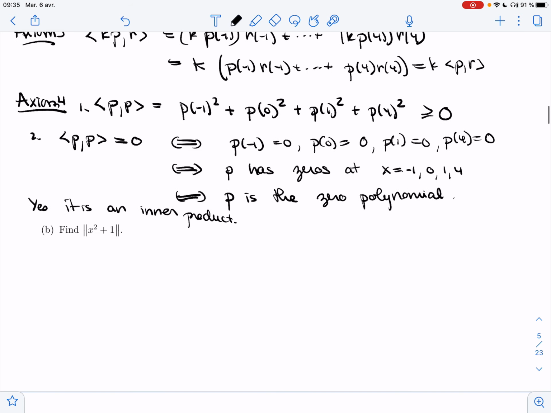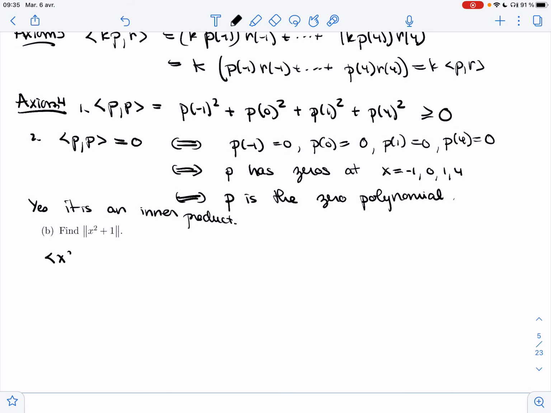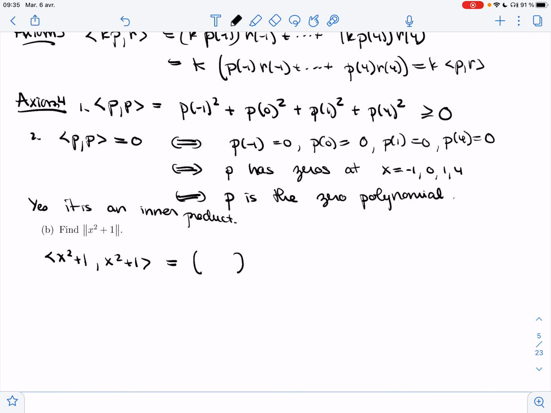All right, so now we want to compute the length of x squared plus 1. The first thing we need to do is to compute the inner product of x squared plus 1 with itself. So I'm going to plug in -1 first, so (-1) squared plus 1. I'm going to plug in 0. I'm going to plug in 1. And I'm going to plug in 4.